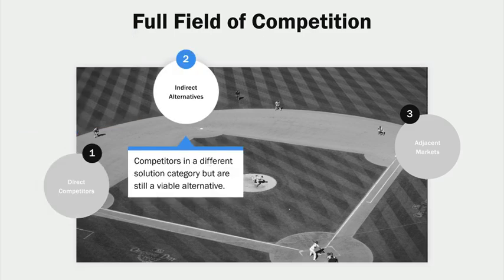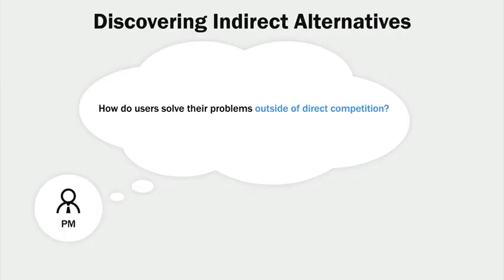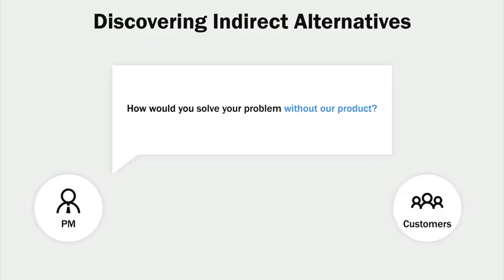The second group of competitors are indirect alternatives. These are competitors that are in a different solution category but are still seen as a viable alternative choice. To brainstorm these, think about the other ways outside your direct competition in which users solve their problem. Or another common way to discover your indirect alternatives is to ask your customers how they would solve their problems without your product.